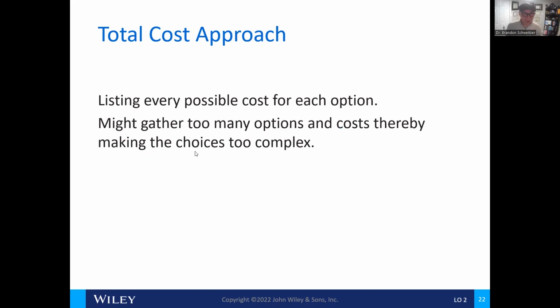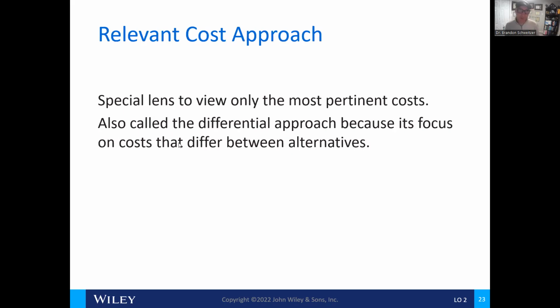The total cost approach: it's important to understand all the costs associated with making a decision, listing every possible cost for each option. We gather too many options in some cases, and too many costs, thereby making the decision more complex. With respect to the relevant cost approach, we take a special lens into consideration and omit certain costs.